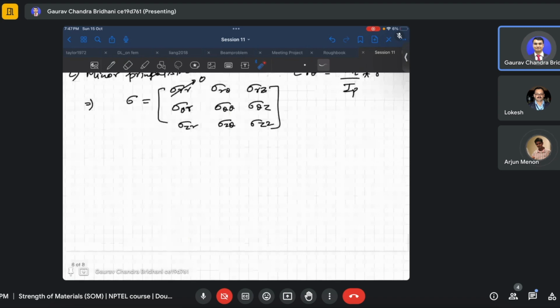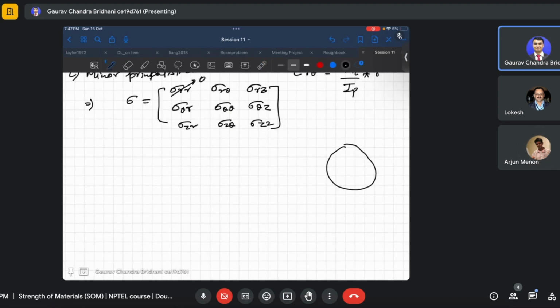Now you are having shear on the surface. If I draw the cross section, it will be something like this. So you are having shear like this, correct? Here this direction is R, and this tangent is theta.